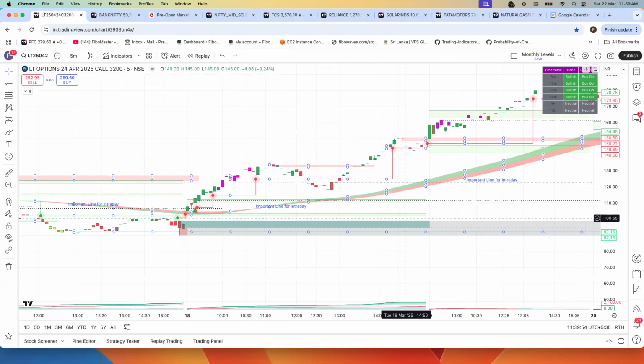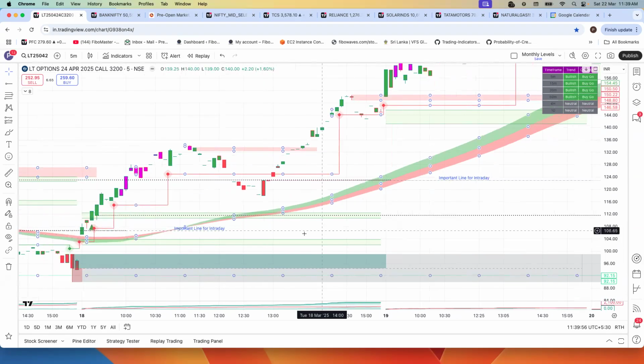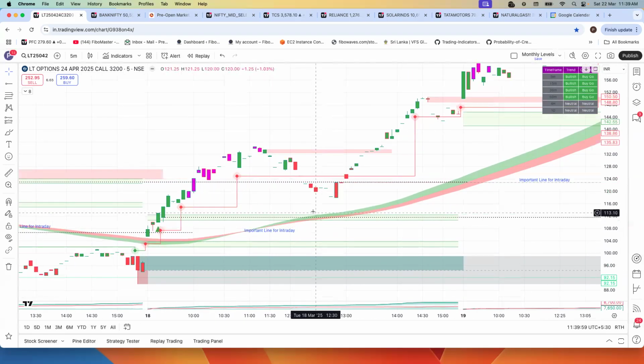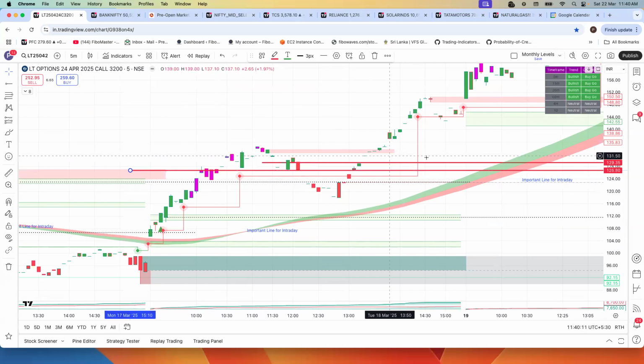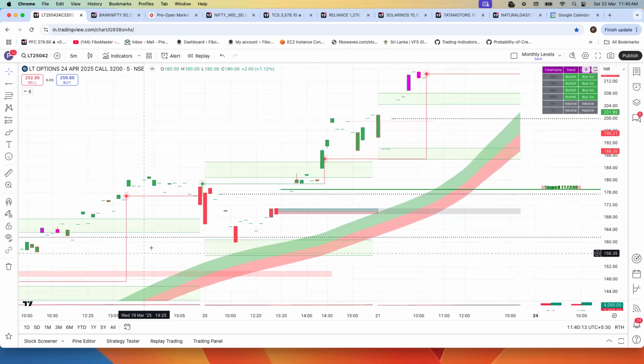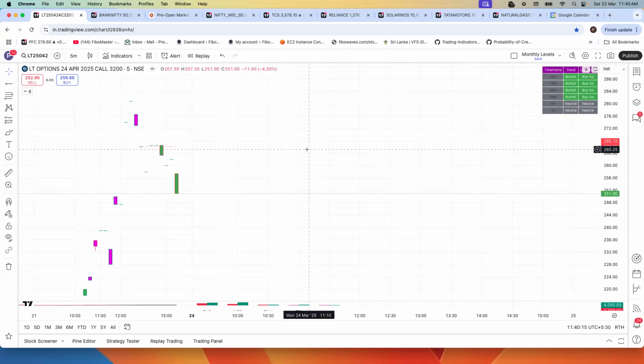It gave a buy around here. This is red here. It's completely on the red, green forming here. So at 128, it gave a buy. The stop loss was around 126. And then from 128, holding, it went up to 270, 281.